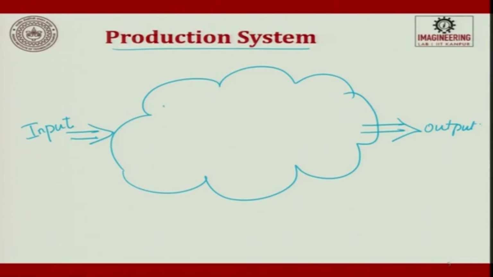In the system you will have people, then you will have money, then you will have energy, we will have material, we will have machines, and we will also have information.